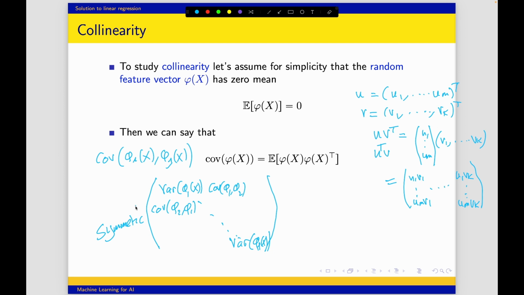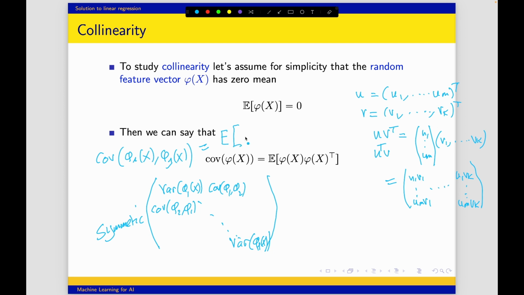Symmetric matrix, right? Now, what is the covariance? The covariance of this is, let me remove that. I've already written it down. This is equal to the expected value of this.